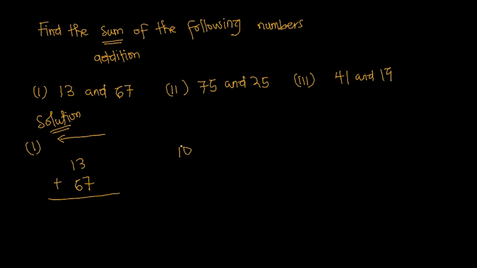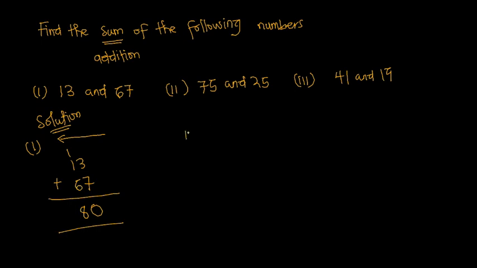Instead of writing the whole 10, I'll write 0 and then carry 1 onto the next set of numbers. So I write only 0 here, and then the 1 over here, I bring it to the top over here. So I carry it onto the next number. So now I have 1 plus 1, which is 2, plus 6, which is 8. So this is 80. So 80 here becomes my answer.